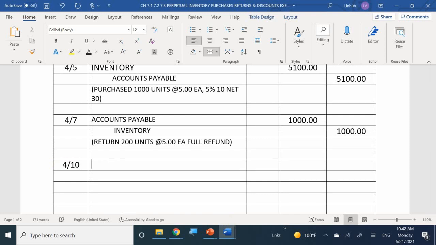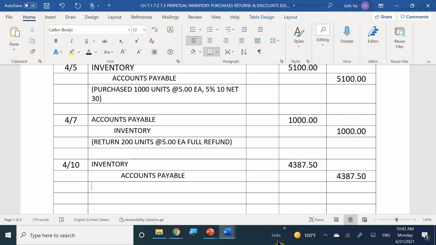Perfect. So again, inventory, and accounts payable for 4,387.50. Everything's going to be included in inventory.